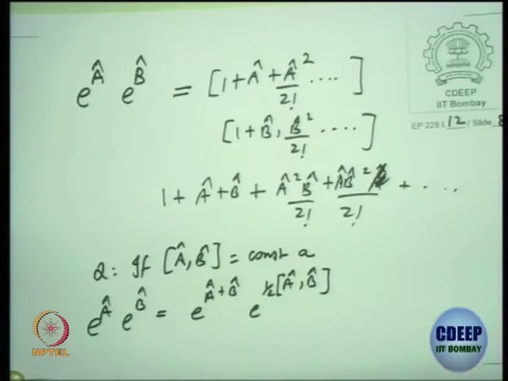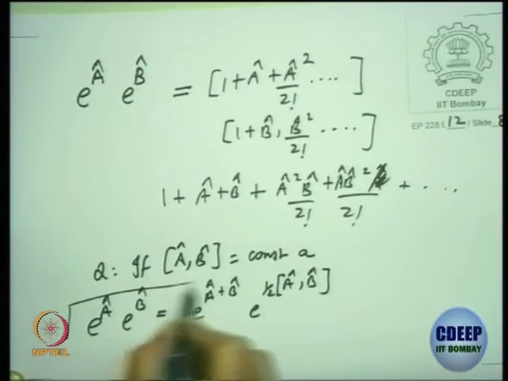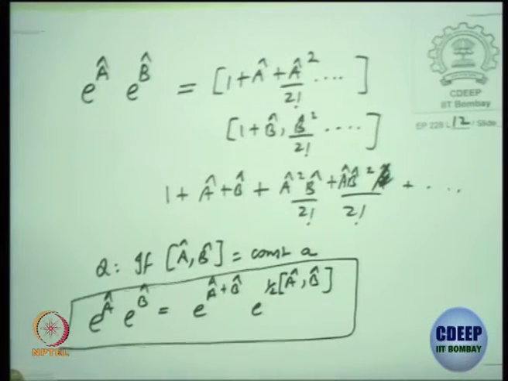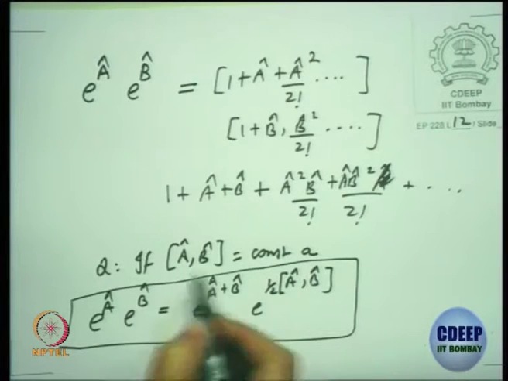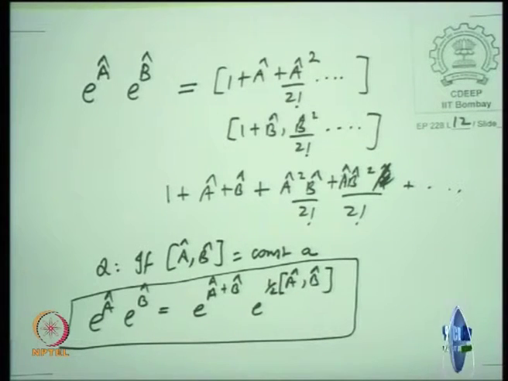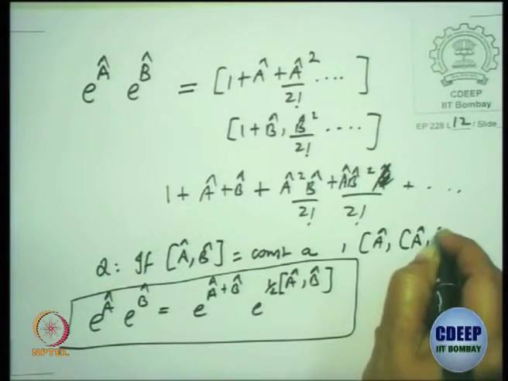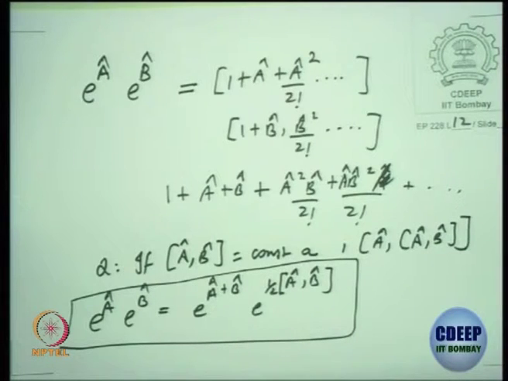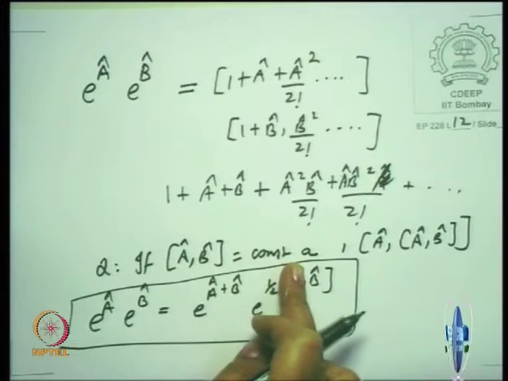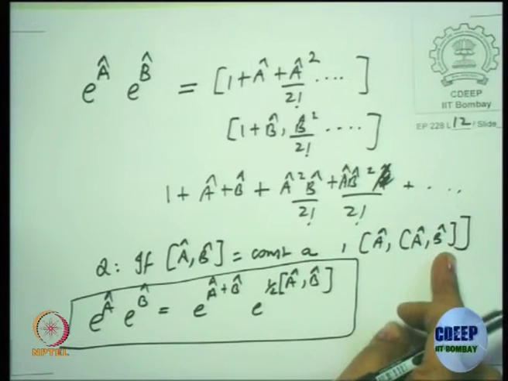Do this expansion and check this out. I use this assumption that the commutator of a with b is a constant. What does that mean? This means that if I take the commutator of a with b, what will that be? If the AB commutator is a constant, so this will be 0.